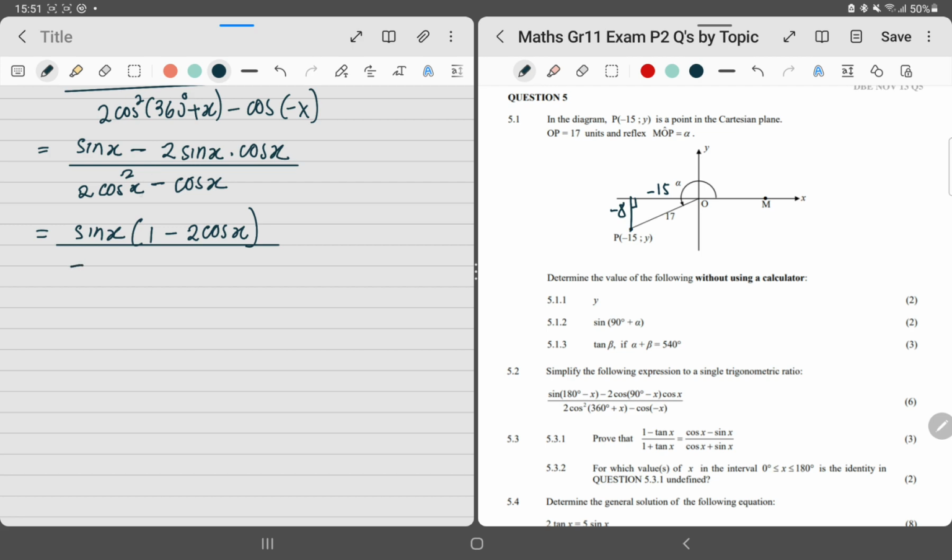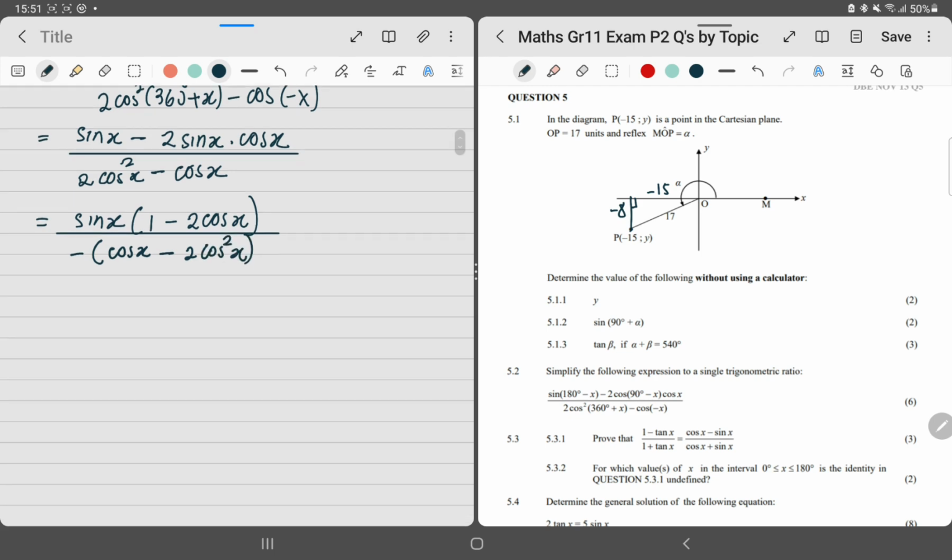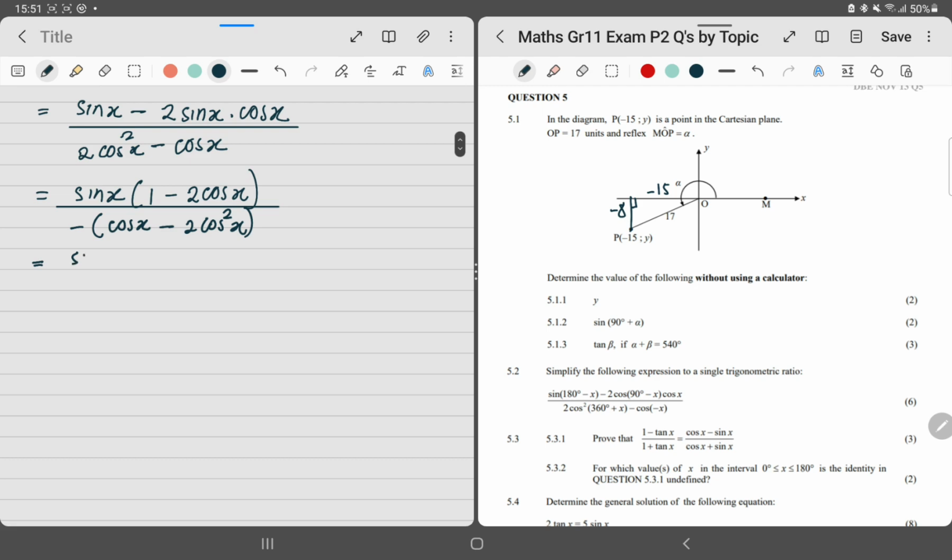So this is a negative, and then that's cos of x, so that when I say negative times negative, I get the 2 cos squared x. So this is 2 cos squared x. And then now I'm just going to fix this. So this is 1 minus 2 cos of x all over that negative.